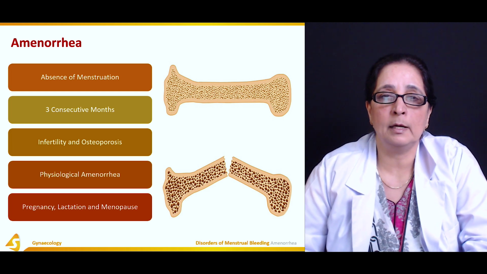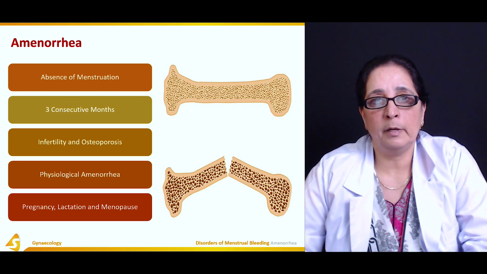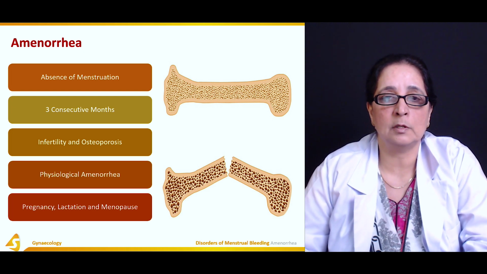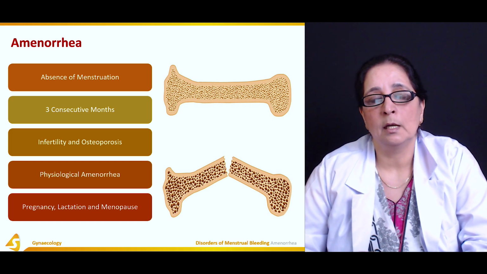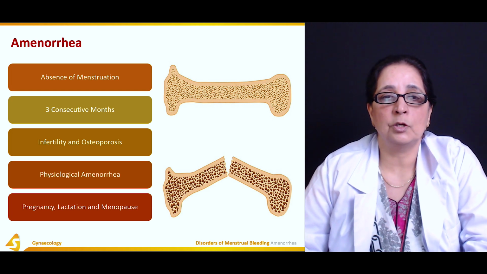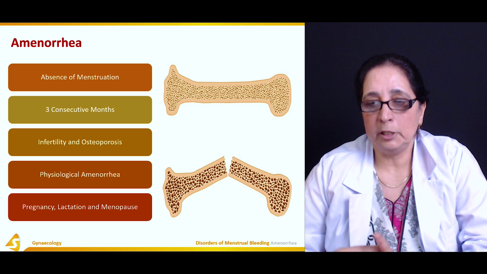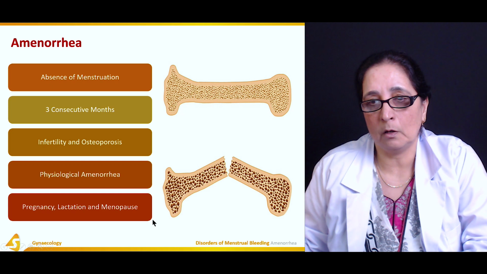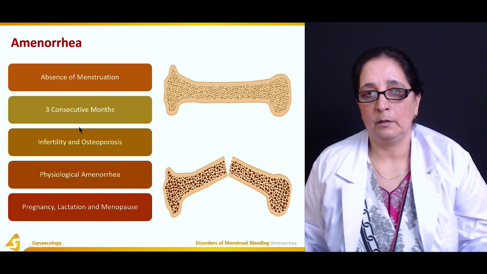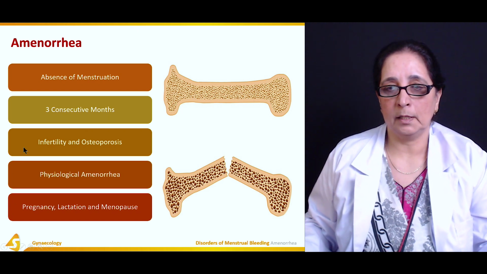This is very common when females reach menopause, and when they are amenorrheic or when no regular menstrual cycles occur. These are the changes that occur in the bones because of the lack of estrogen hormone with age. So osteoporosis is common after menopause. If you see the difference here, this is the normal bone, and this is the osteoporotic bone. You see it's very porous and you can see big gaps.